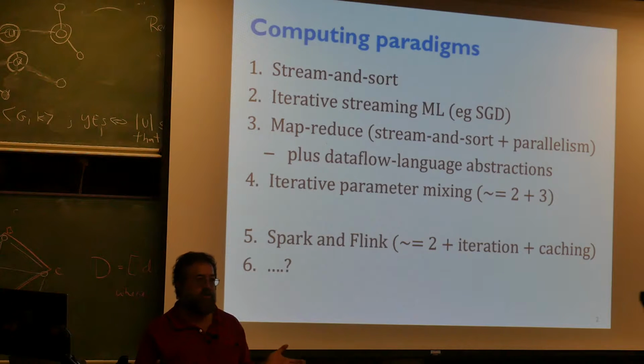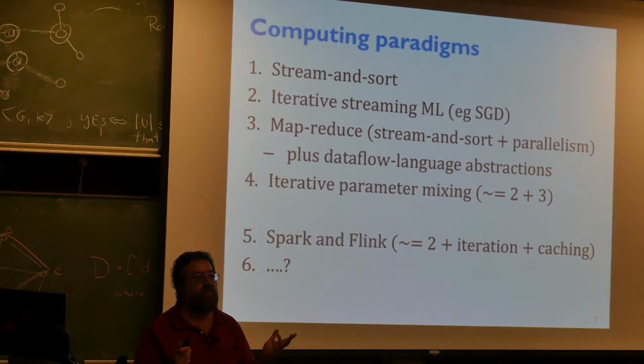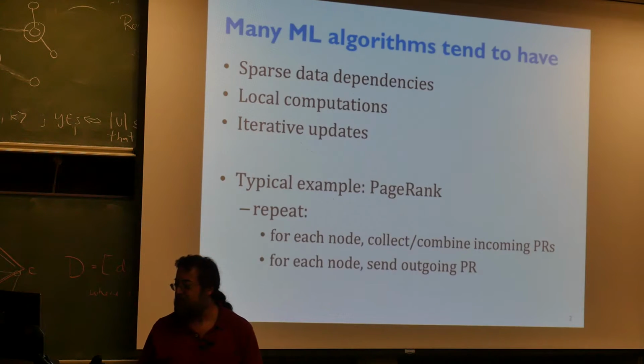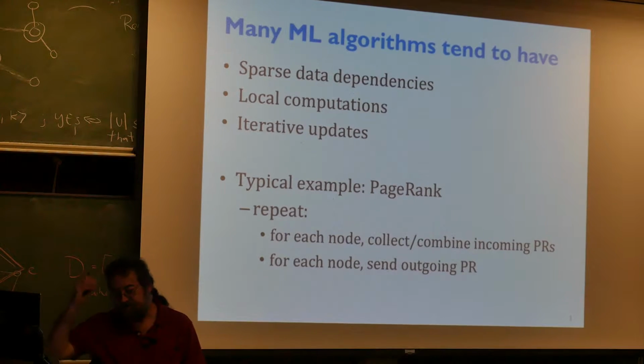So what else is there? This is a pretty good summary of the sorts of techniques that people use in large-scale machine learning nowadays, but there's a little bit more. It turns out a lot of machine learning algorithms, not all of them, have some commonalities.